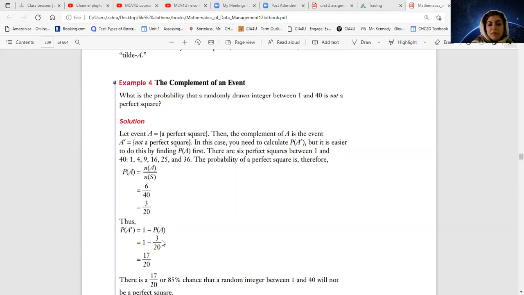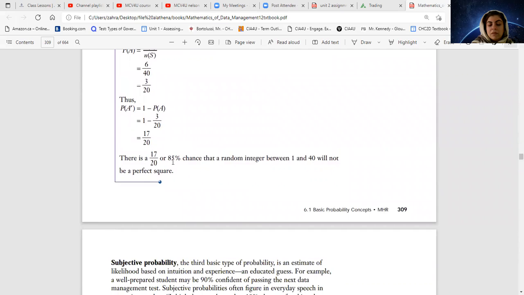Common denominator: 20 minus 3 is 17 over 20. If you convert it to a percentage, it's 85%. And make sure you know how to do that. If I want to convert 17 over 20 to a percentage, I just multiply that by 100. And you do that, you get 85%.